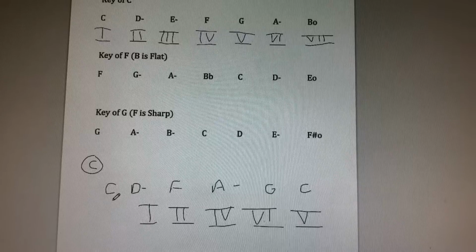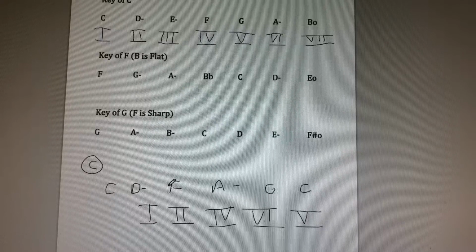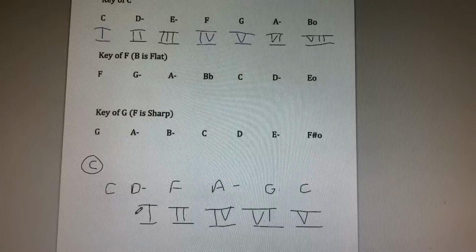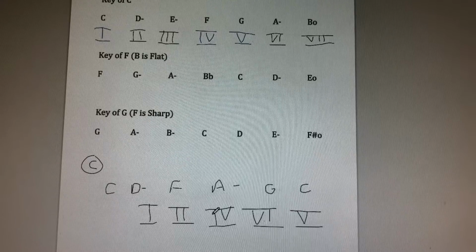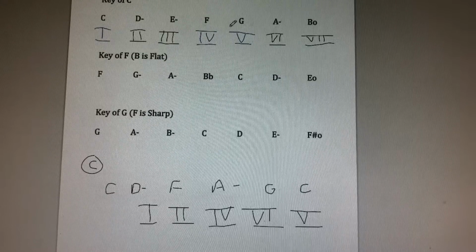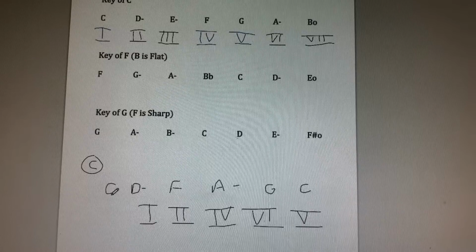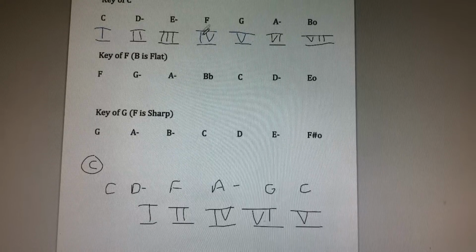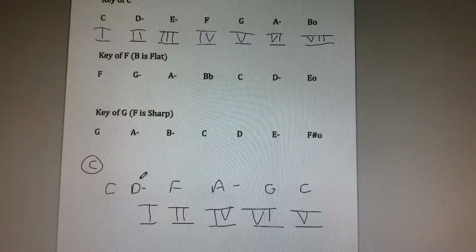All right, so C, D minor, F, A minor, G, and back to C. So you're thinking in your head, well, it's a 1, 2, 4, 6, 5 progression based on the key of C up here. As you can see, C is 1, 2, 4, and so on and so forth. Here's the cool thing though.